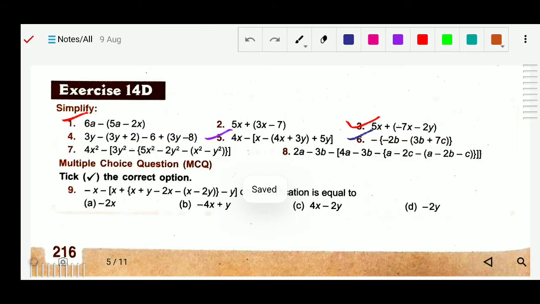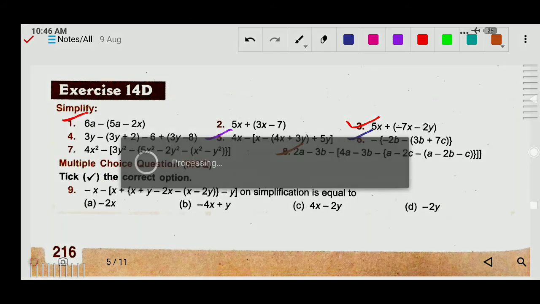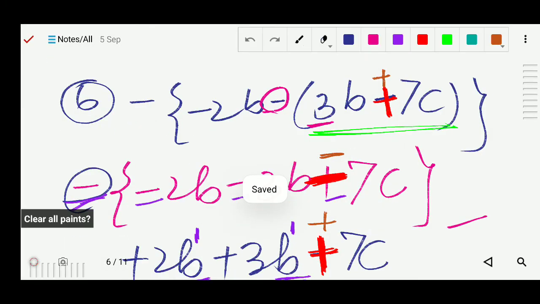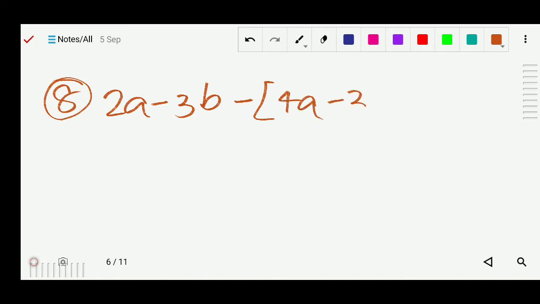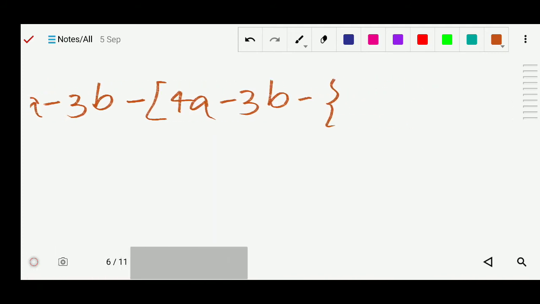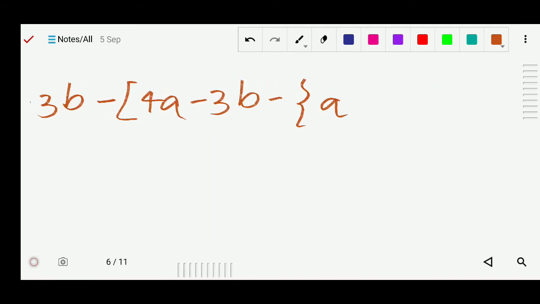Now next you can see question number 8. We will solve 8. Question number 8 is 2a minus 3b minus, 4a minus 3b minus, inside the medium bracket, a minus 2c.